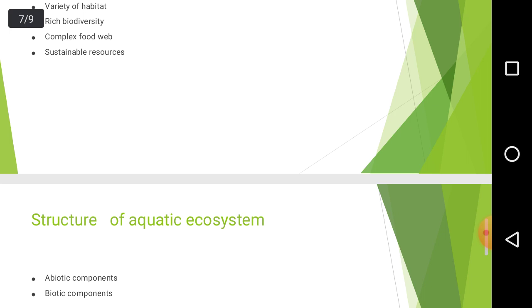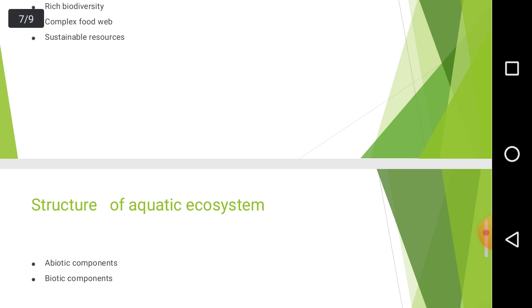The aquatic ecosystems are highly complex with a variety of species interacting together. Finally, on sustainable resources, the ecosystem is able to provide a wide range of resources such as food and fresh water to the animals, which makes the animals able to survive in the environment they are living in.